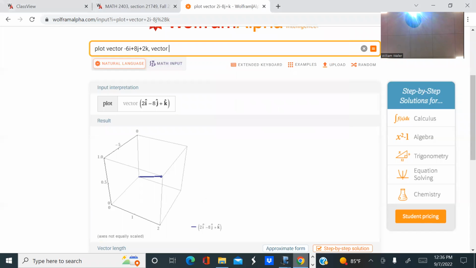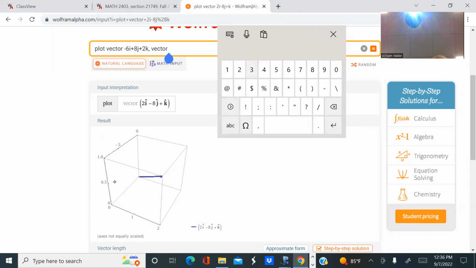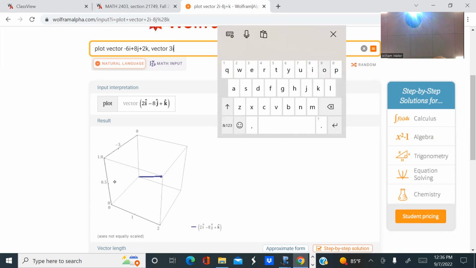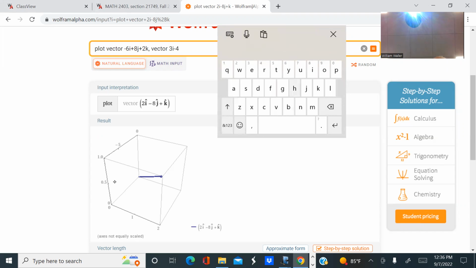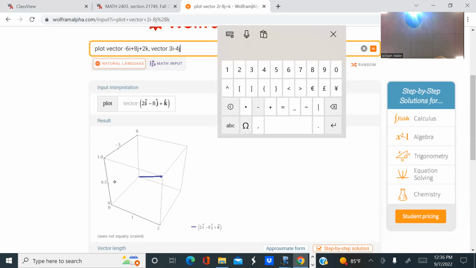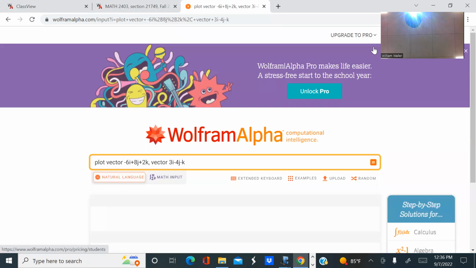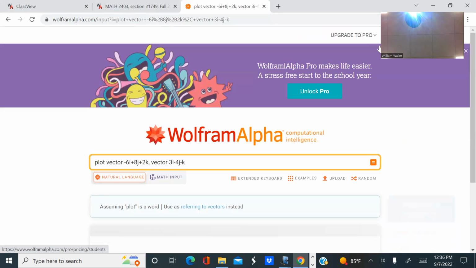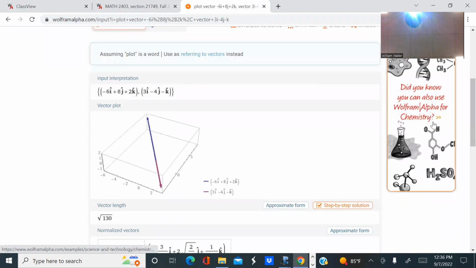Let me see if I can remember that long enough to type it. 3i minus 4j minus k. All right, and then you can hit enter or equal, and let's see if it'll plot those two vectors. Just praying here that it does. So it did, and wow, okay. What are we really looking at there?